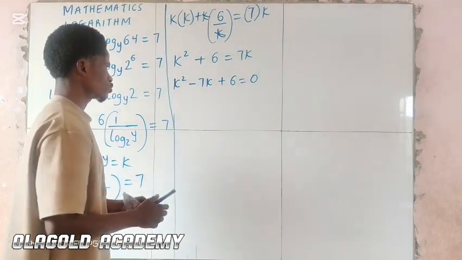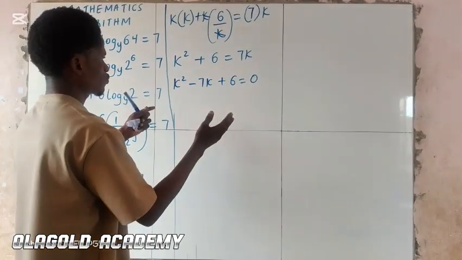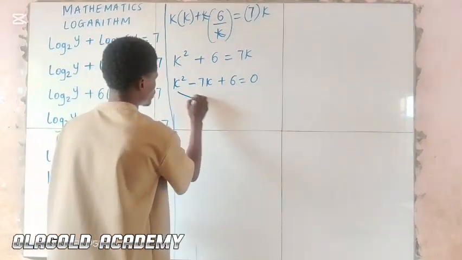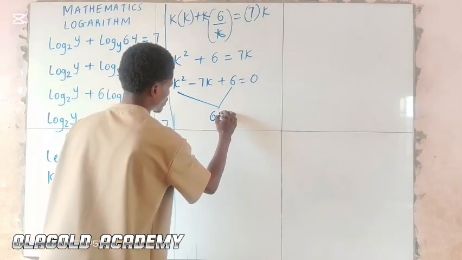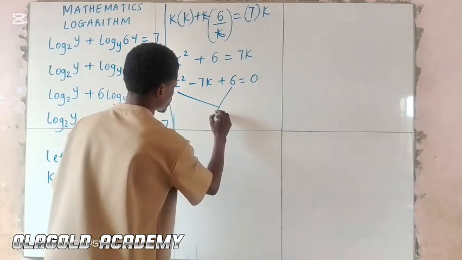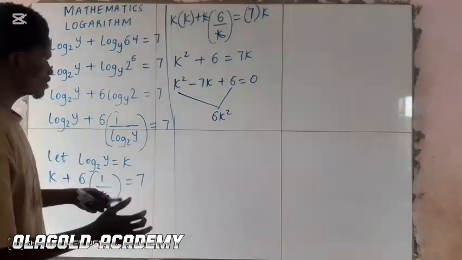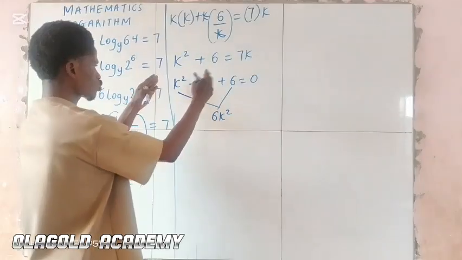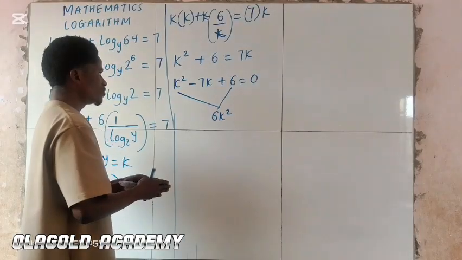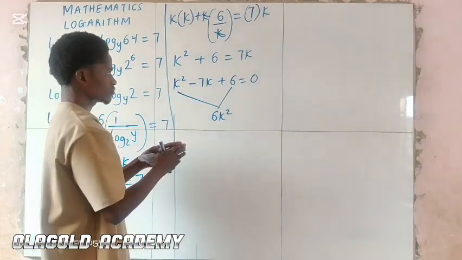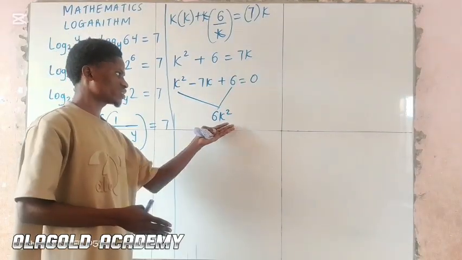My next task is to make use of the factorization method here. So 6 times k squared gives me 6k squared. Now from here, what two numbers will add to give me negative 7k, and multiply to give me 6k squared?